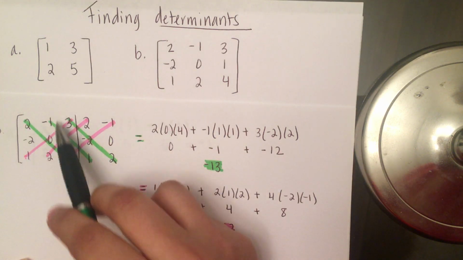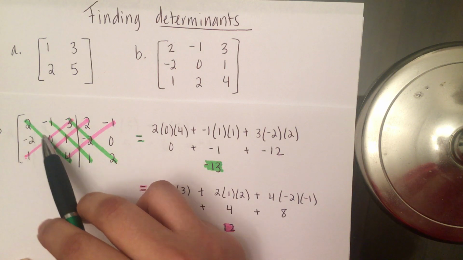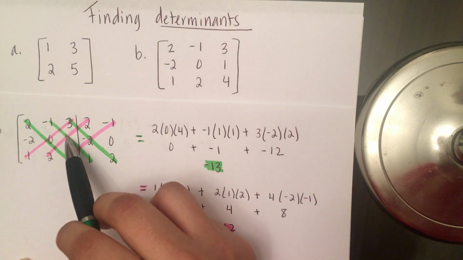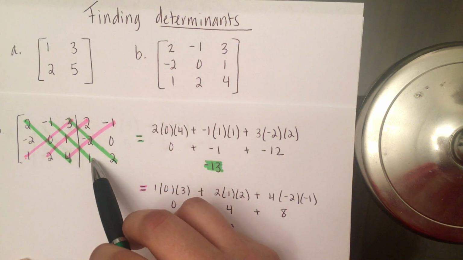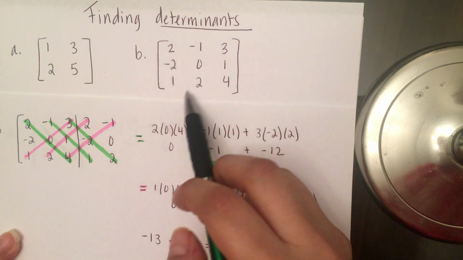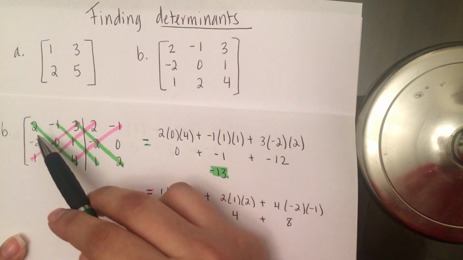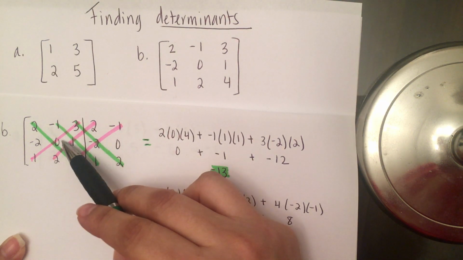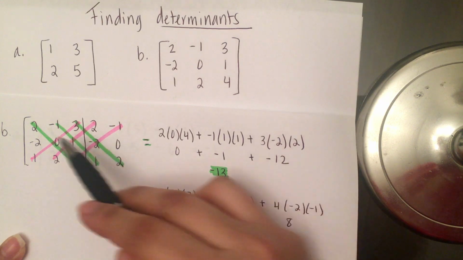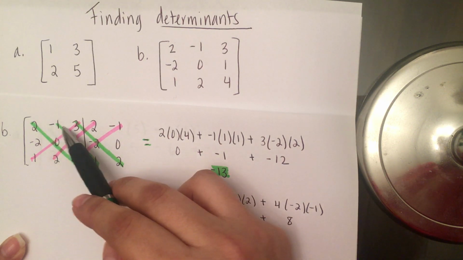Whenever I try to find the diagonal this way, if I just do the negative 1 and the 1, I don't have another number here at the corner. So what is done is the first 2 columns of the matrix are copied down to the side. So here's the 2, the negative 2, and the 1, and then here's the negative 1, the 0, and the 2. And so now I can go on all of these 3 numbers.